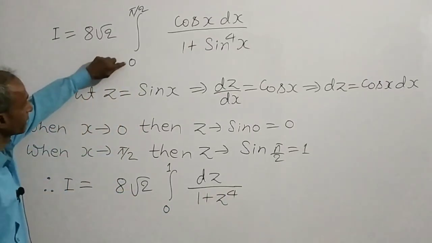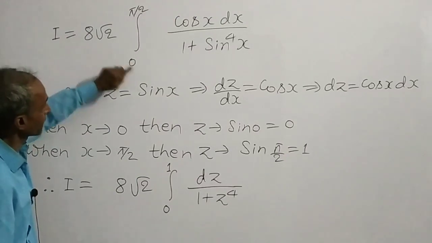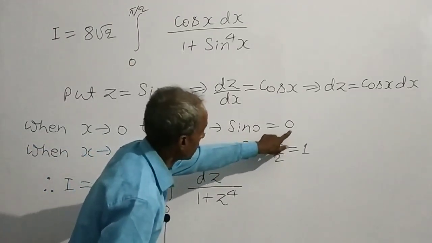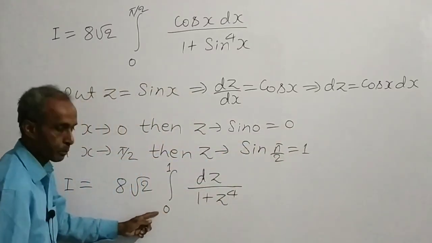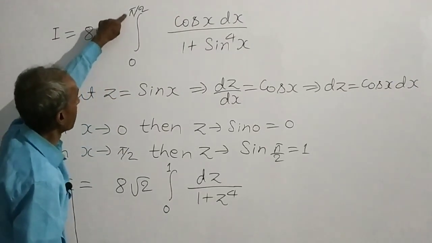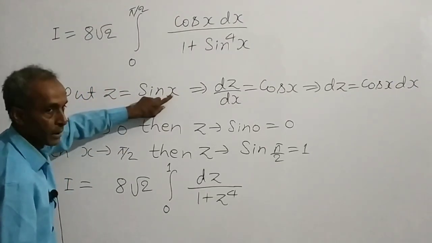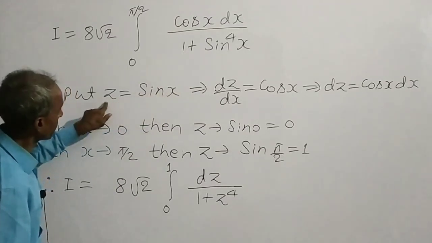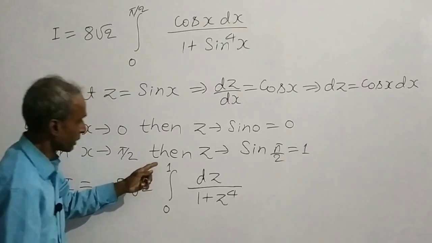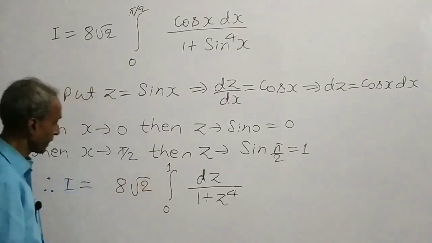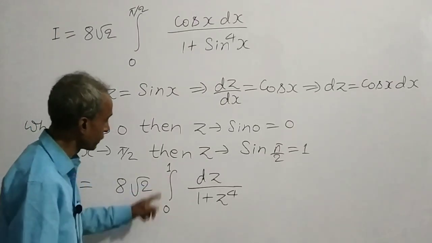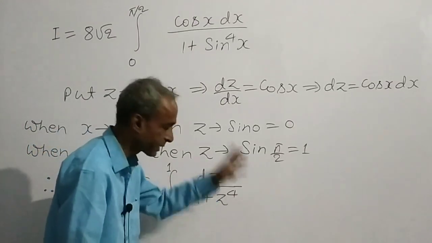When x tends to 0, z tends to sin 0, that means 0. Therefore, we write here 0. When x tends to pi by 2, z tends to sin pi by 2 is equal to 1. Therefore, we write 1 here. So, I is equal to 8 root 2 integration 0 to 1 dz by 1 plus z4.